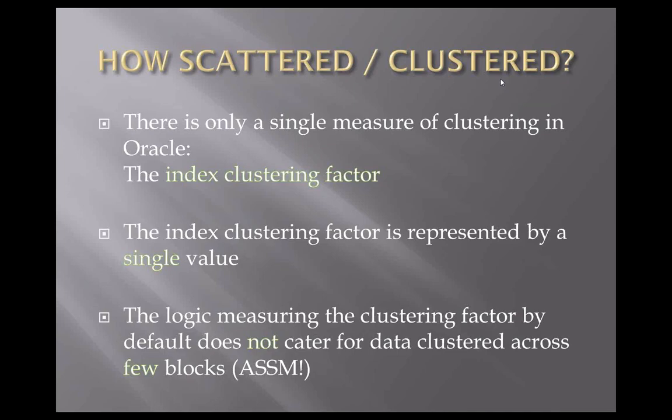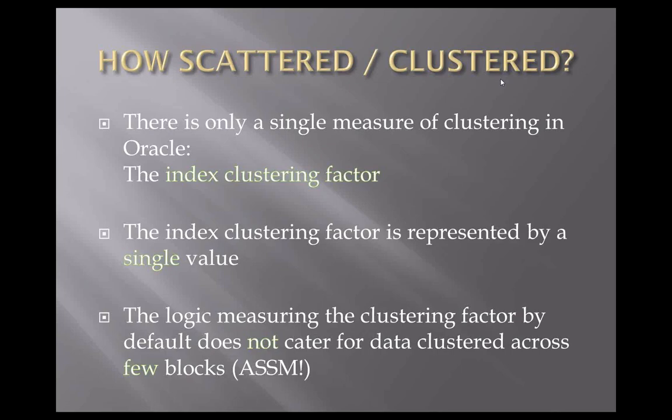So basically what Oracle does, it walks the index in the order defined by the index definition and looks at each row whether a different block will be accessed or not. And each time, by walking the index, each time the block changes, the clustering factor will be increased.